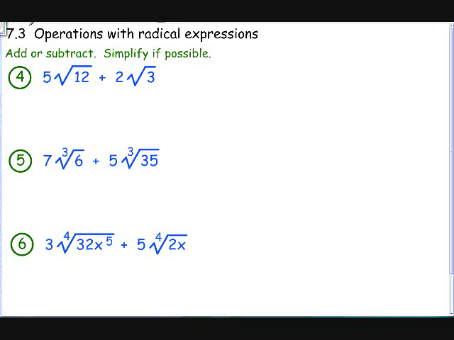What's fun about this? Well, remember, whenever we're adding and subtracting radicals, or anything for that matter, we can't add and subtract unless we have, that's right, like terms. These are not like. Oh, so I am in trouble here.